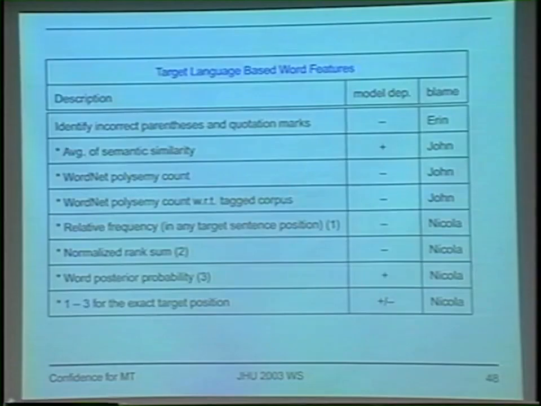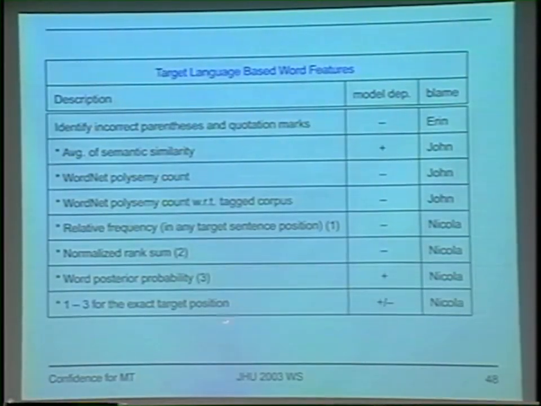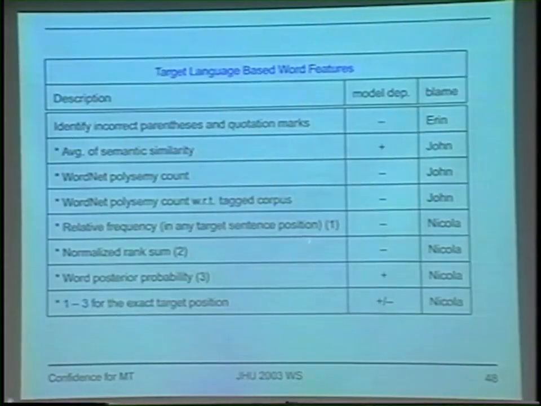We do the same summation, but instead of determining the relative frequency, we take the normalized rank sum or the word posterior probabilities, but I'm going to explain them later. And we did the same thing for the exact target position. So the difference is here we regard all sentences containing this word somewhere, and these are only the sentences containing the word exactly in that position.